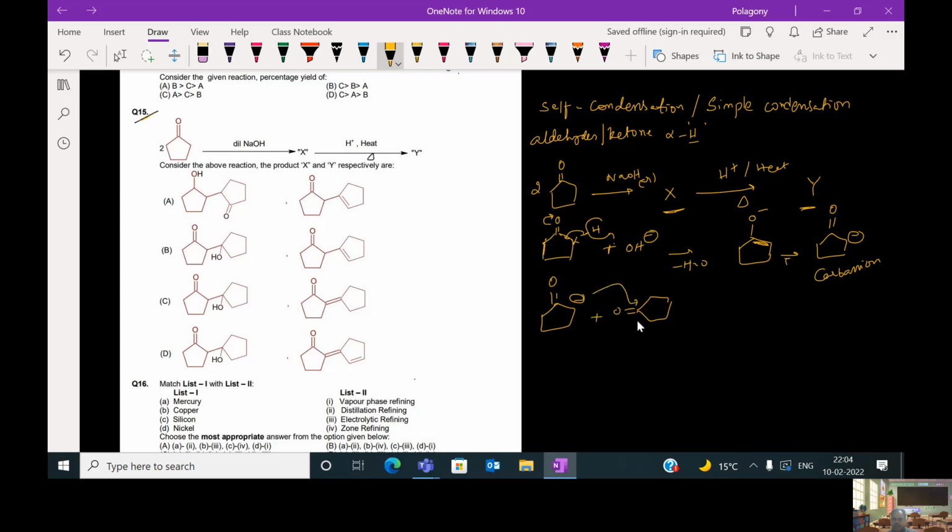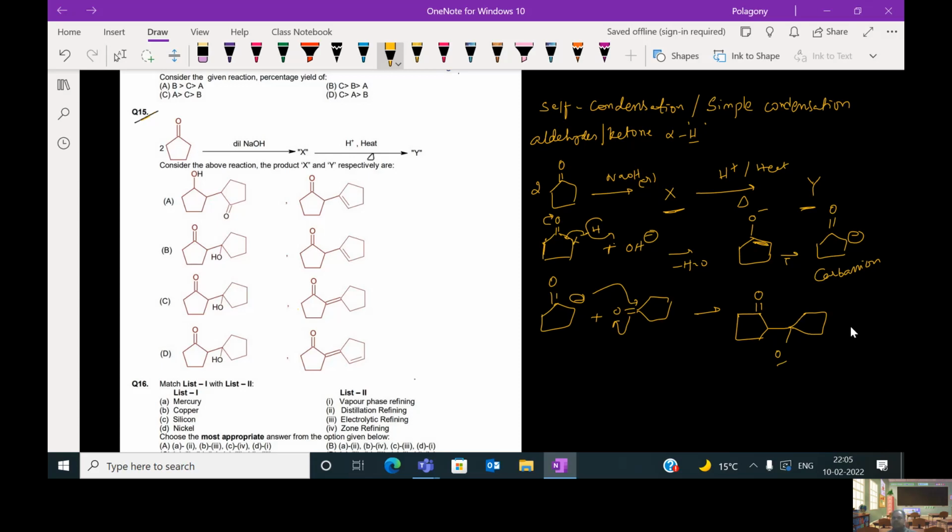Here the negative charge attacks the electrophilic carbon, and then there is delocalization of pi electrons. Then you can write the product: here is a ketone attached to another ketone molecule where the negative charge is.